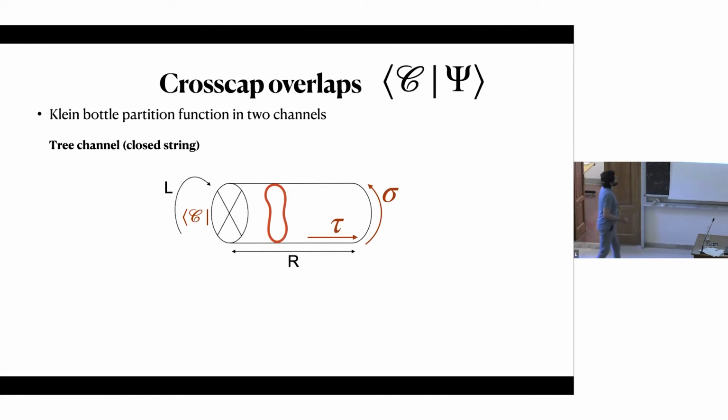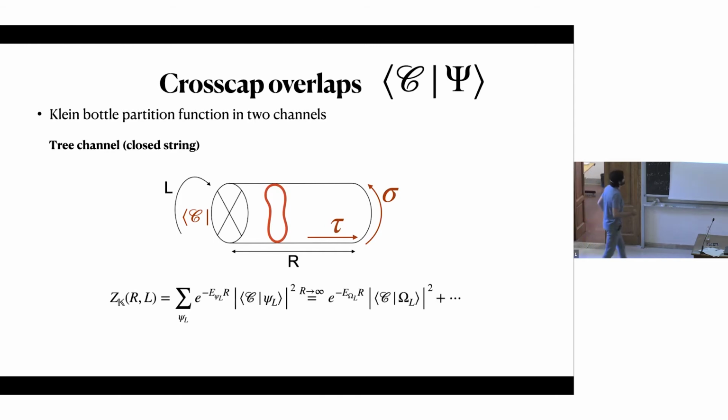As I said, I have a cross-cap state at each end. Let's compute the partition function in this configuration. That's very simple. The partition function for the Klein bottle will be a sum over closed states quantized on a circle of size L. This would be it if I didn't have anything else, but now I have cross-cap states at the ends of the cylinder, so I have to consider the overlap between each state and the cross-cap state.